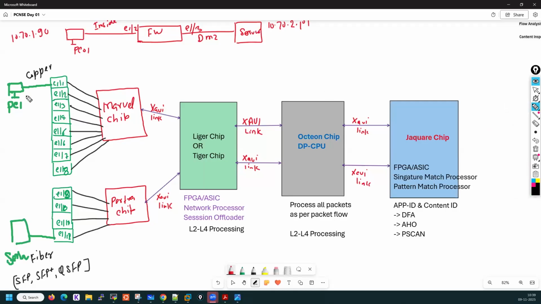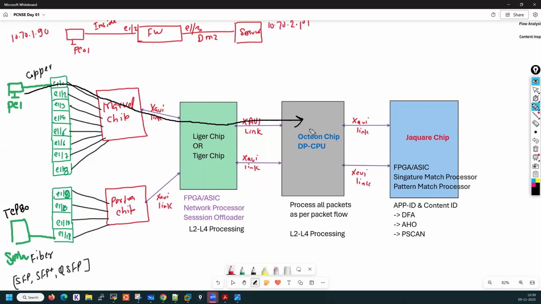When this PC initiates traffic, what is the first packet? Let's say it's a TCP based server running on TCP port 80. The first packet is the SYN packet. It reaches via Ethernet 1/1 to the Marvell chip. The Marvell chip delivers it to the network processor, and the network processor will deliver this packet to the Octeon chip.